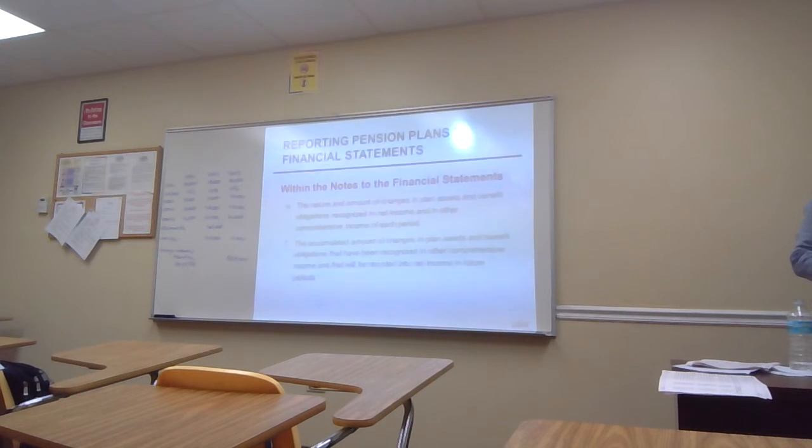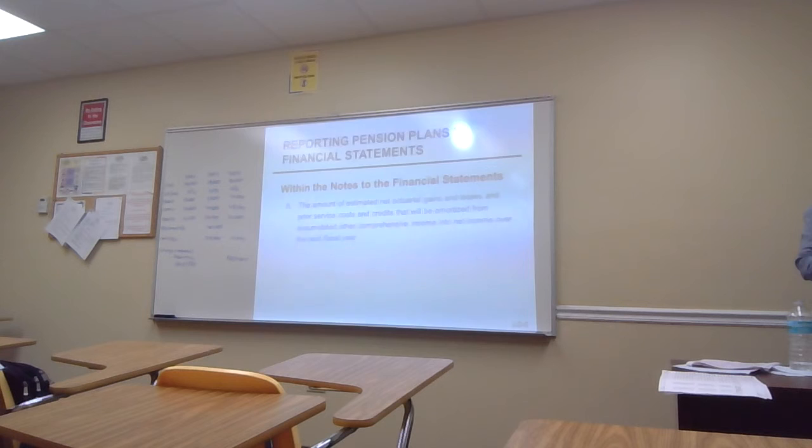The nature and the amount of changes in plan assets and benefit obligations recognized in net income and other comprehensive income for each period. So the OCI part would come off the right of our worksheet. And the accumulated amount of changes in plan assets and benefit obligations that have been recognized in OCI and that will be recycled into net income in a future period.